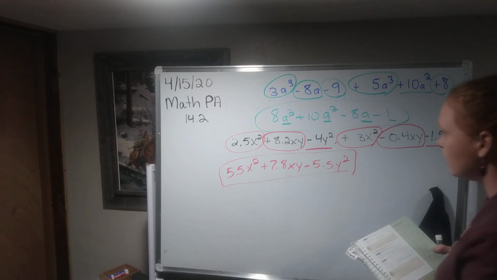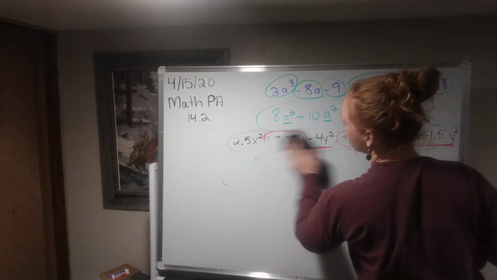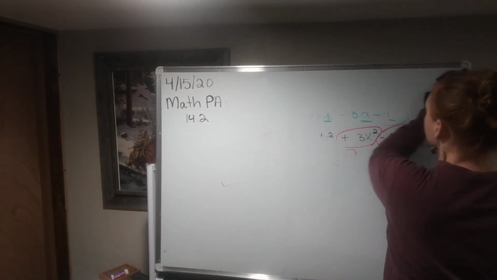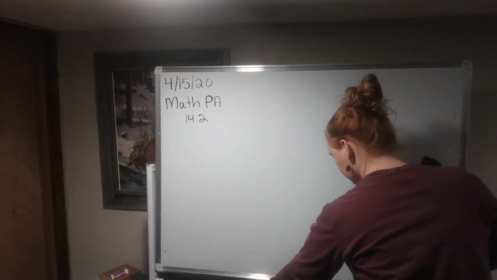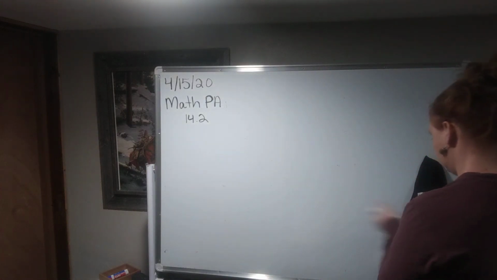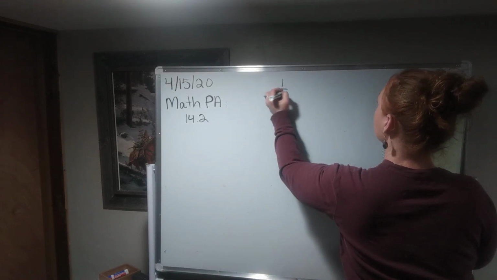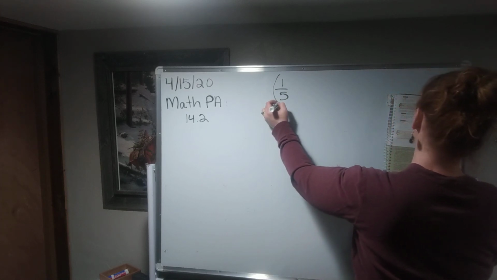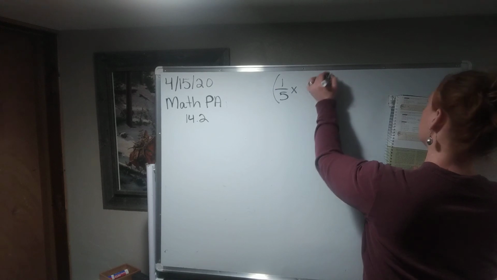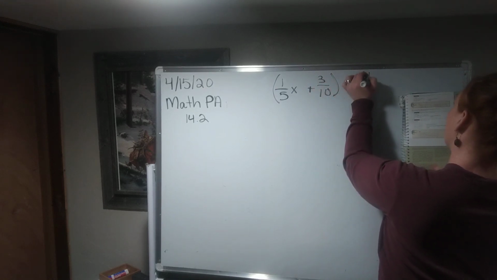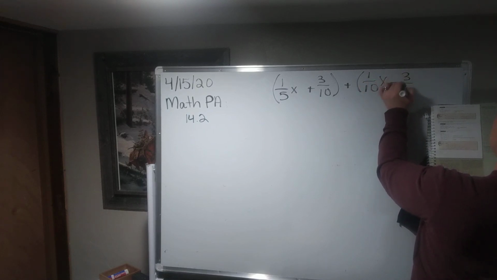Okay. Example 6. One fifth x plus 3/10 plus 1/10 x minus 3/5.